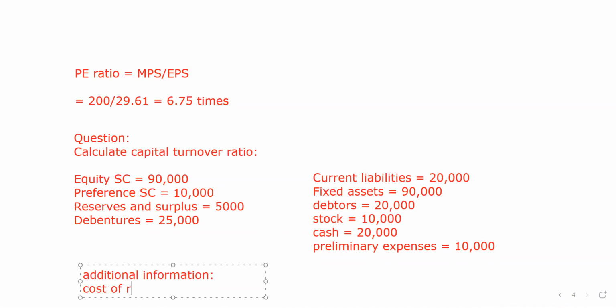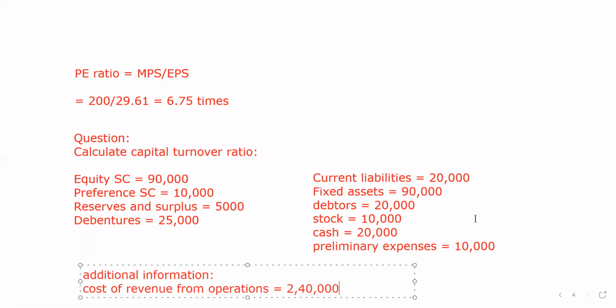Cost of revenue from operations is equal to 2,40,000. Okay, cost of revenue from operations is equal to 2,40,000.